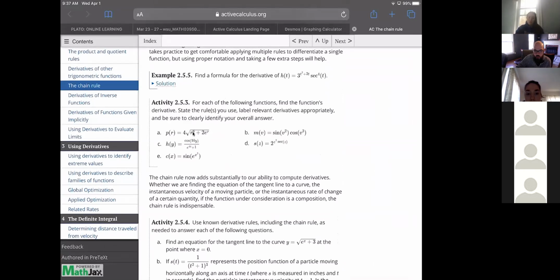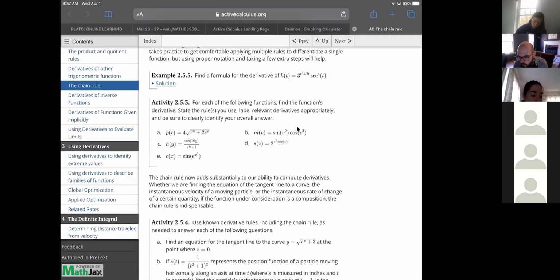So there's multiple rules that have to be applied here. When you take this derivative, you're going to have to use a few different rules. So I'm going to put us into breakout rooms. So you all have a few minutes to chat with each other and then try to think through these 5, right? See if you can do them.